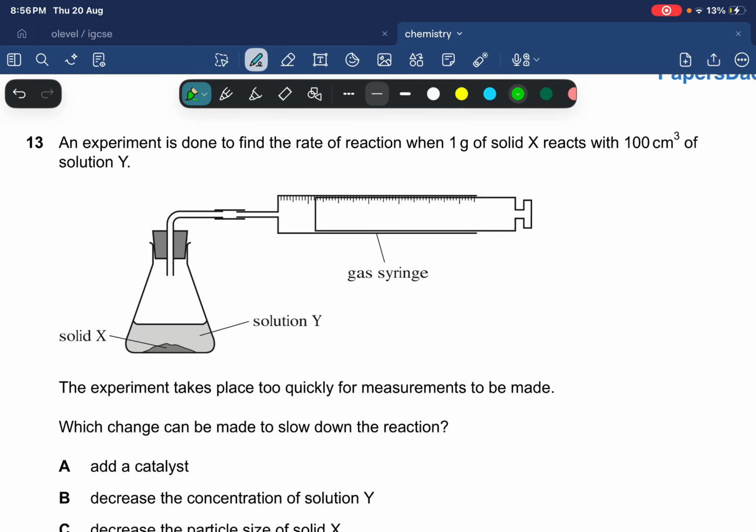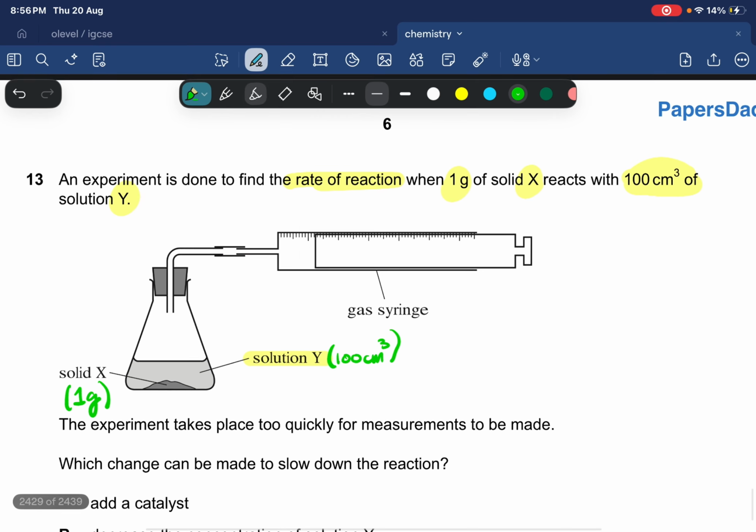An experiment is done to find the rate of reaction when 1 gram of solid X reacts with 100 cm³ of solution Y. So this is solution Y, 100 cm³ of this, and then we have 1 gram of solid X. You need to realize that in this reaction we are producing a gas, which is released and moves through this tube.